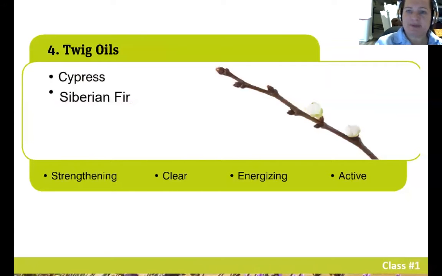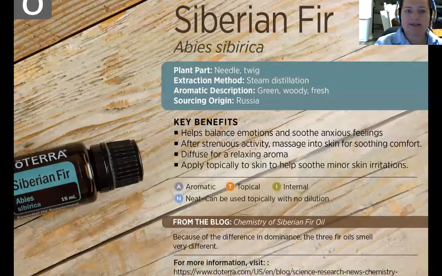But let's talk about Siberian fir. This is a great oil. It smells like Christmas tree. I love that one. It provides soothing support to sore muscles and joints, energizes the body and the mind, evokes feelings of stability, energy, and empowerment, and helps the body relax. Try using 2 drops of Siberian fir and 4 drops of balance blend with 1 teaspoon of fractionated coconut oil for sore and overworked muscles and joints.